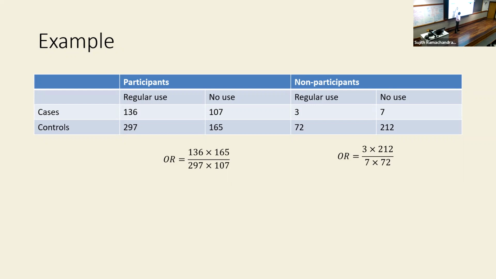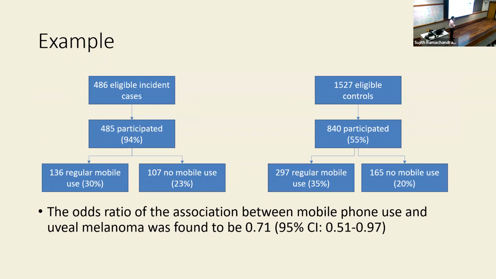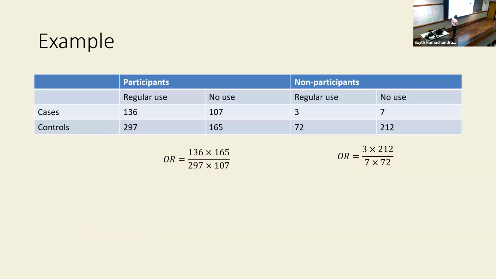You write your numbers down and you simply do a cross-product ratio. 136 multiplied by 165 divided by 107 multiplied by 297, that is 0.71 right there. And in your non-participants, we simply did the same cross-product ratio, 3 multiplied by 212 divided by 72 multiplied by 7. And we got an odds ratio of 1.25. Obviously, very different odds ratios, indicating that we have selection bias going on.